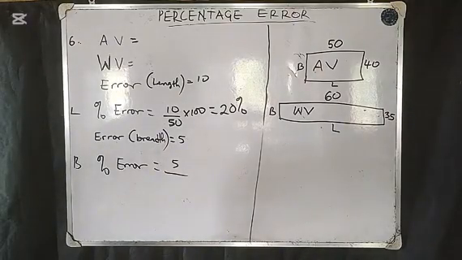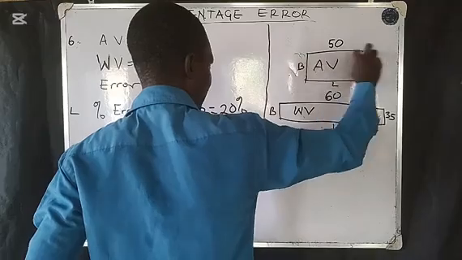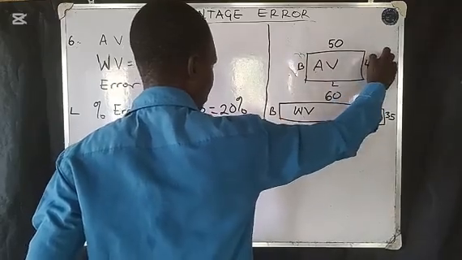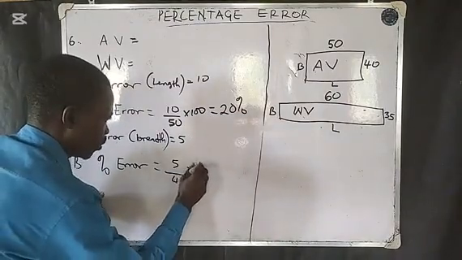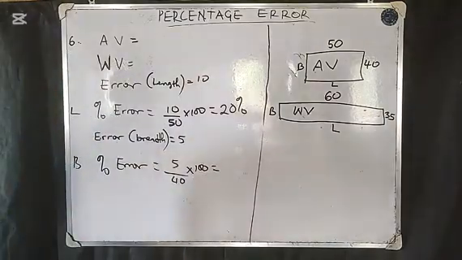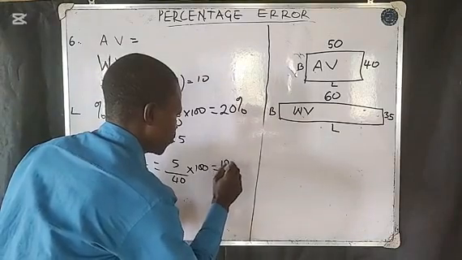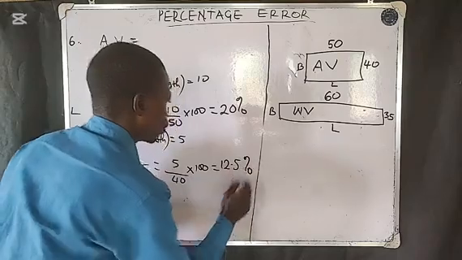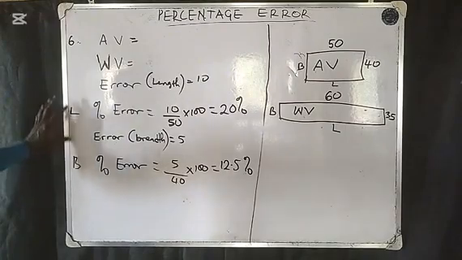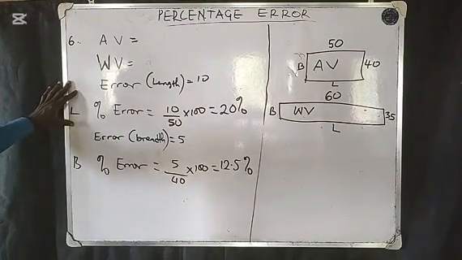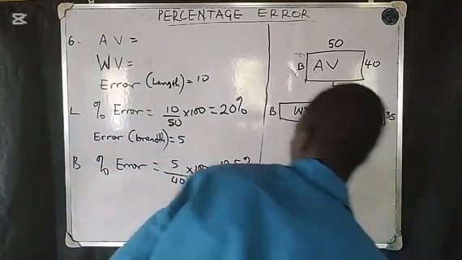The actual of the breadth is 40, right? Here is breadth, while here is length. So we say over 40, multiply by 100. Can you give me the answer? 25 over 2, which is 12.5%, right? So this is the percentage error of the breadth, and this is the percentage error of the length, right? Now, can we move to the next thing?